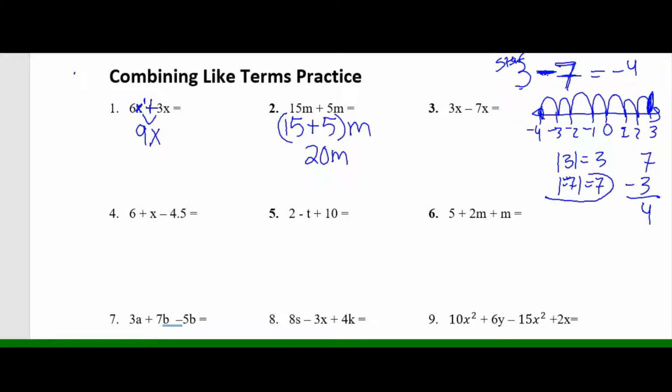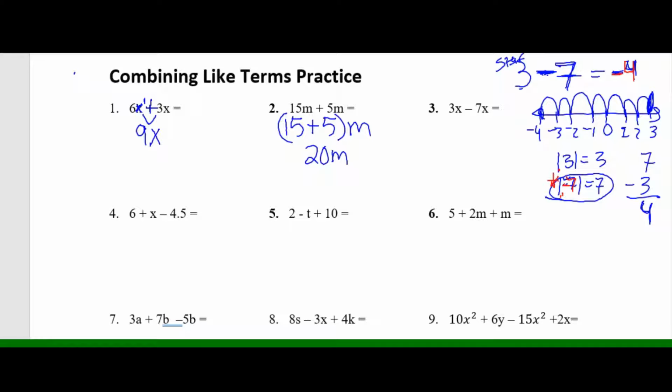Negative 7 is greater in absolute value, so I'm going to say the answer is negative 4. So you would keep the 4 from the difference of the absolute values, and since the absolute value of negative 7 is greater than the absolute value of 3, I know that I'm going to keep the negative sign.